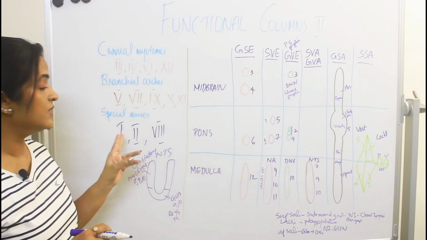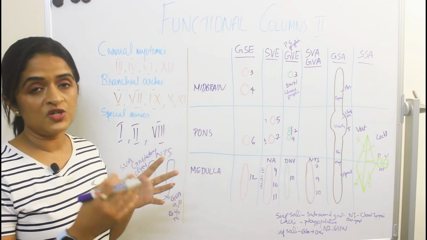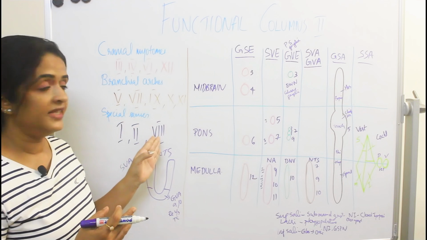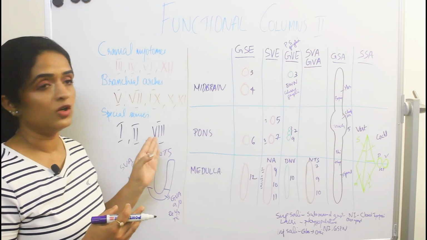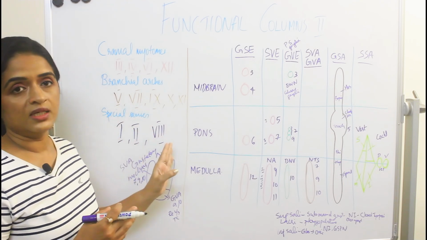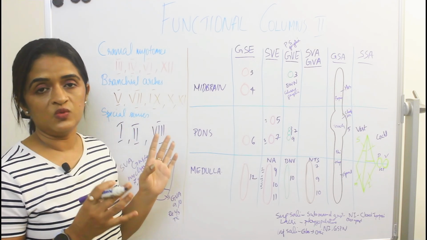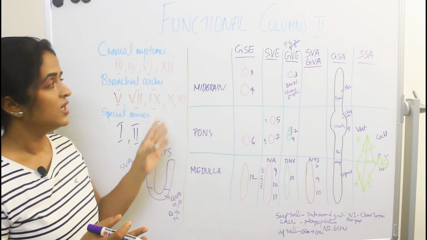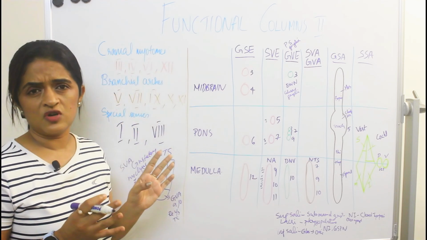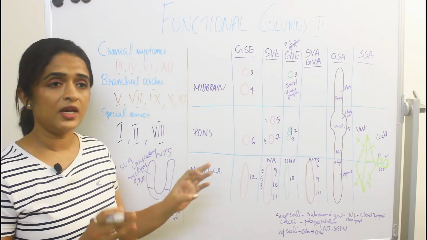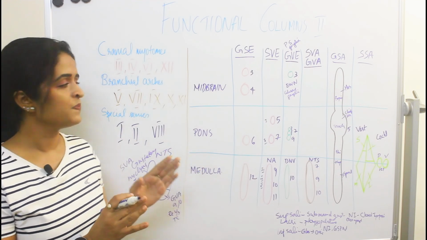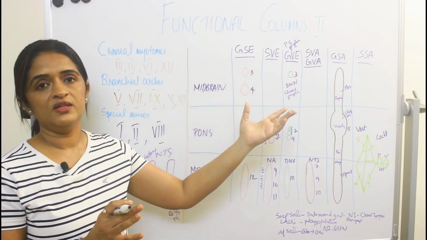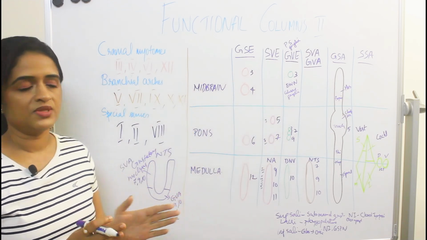The cranial nerves concerned with special sensations are the olfactory, optic, and the vestibulocochlear nerve, that is 1, 2 and 8. This is just roughly a morphological classification of the cranial nerves according to the region of supply. If you keep this in mind, it will be easy when we discuss the functional columns.